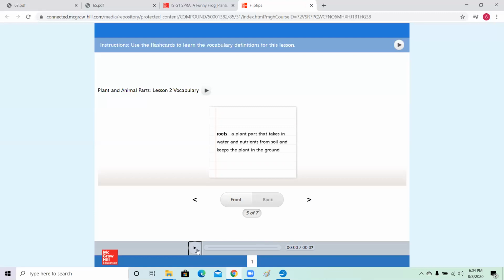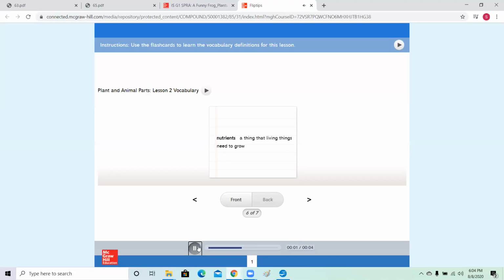All right. Pay attention to the roots and the stem. The stem carries the water and the nutrients to the leaves and to the flower, but the roots take them from the soil and give them to the plant.